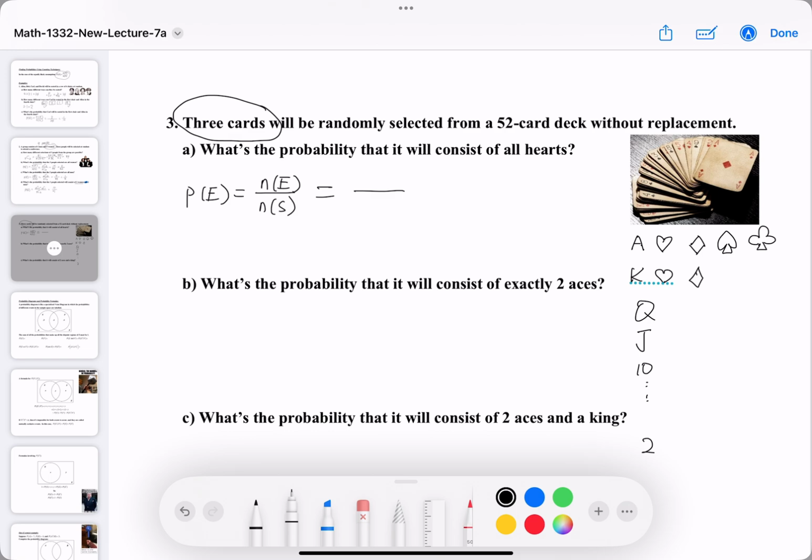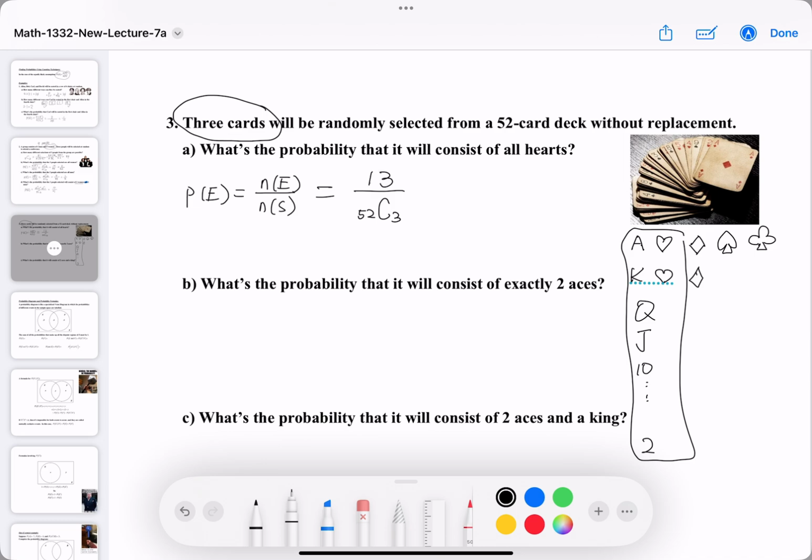So that is 52C3. That is the number of all possible outcomes in the sample space. And on the top, what is the event? It will consist of all hearts. How many hearts do we have? Oh, we already counted that we have 13 hearts. So we just say 13.